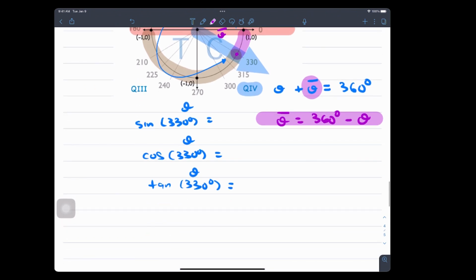So, if you said to me, does that mean, since my angle here was 330 degrees, right? Does that mean my reference angle will be what? 360 minus 330? The answer is yes. What's this going to be? 30 degrees. Okay?